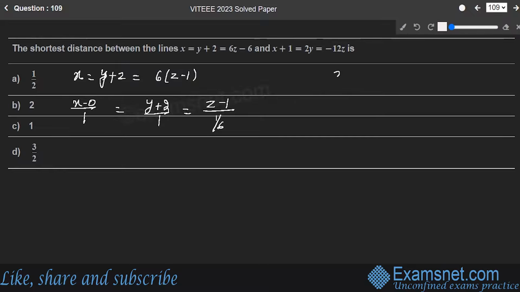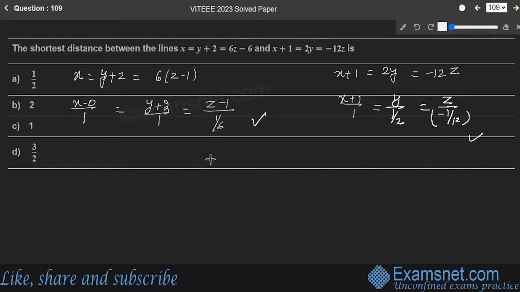Similarly, the second line is x plus 1 is equal to 2y is equal to minus 12z. And this can be written as x plus 1 upon 1 is equal to y upon 1 by 2, and this is equal to z upon minus 1 by 12, right? So these two lines can be written in this form.